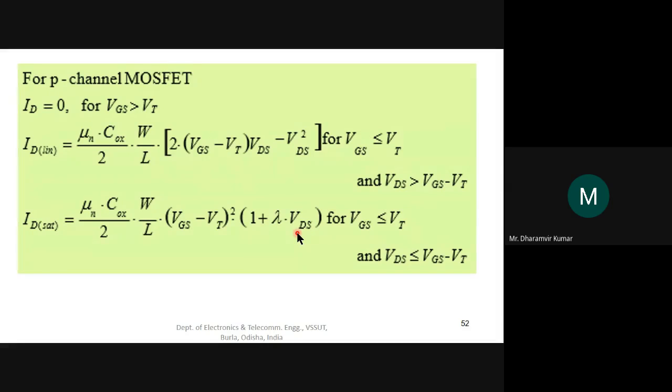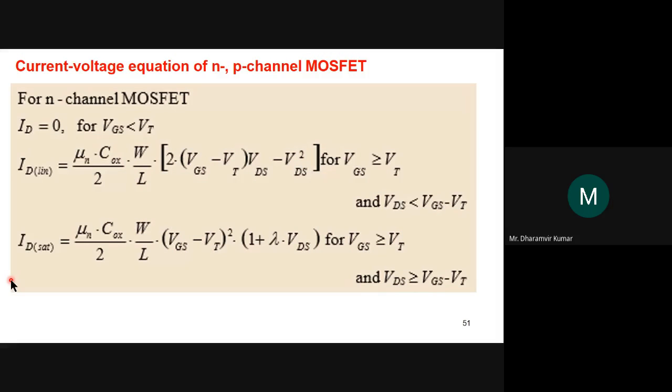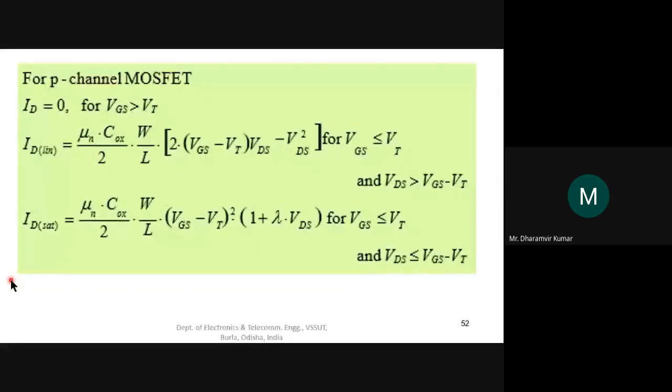So these equations are identical, and the conditions are just reversed, and the voltage polarity may get reversed with respect to n channel MOSFET. These are the final equations for n channel MOSFET and p channel MOSFET, the equation for the drain current that will flow through the device.